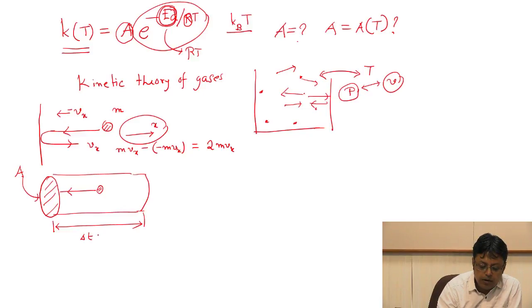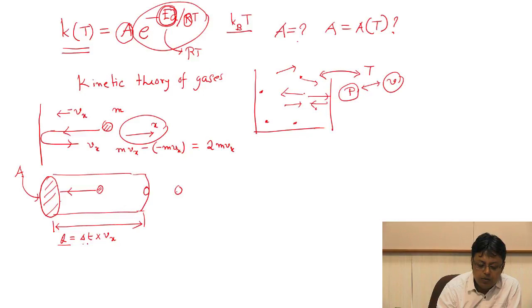That will be fixed by the time delta t multiplied by the velocity of the molecule, which is vx. That distance will be covered by any molecule lying within this linear distance, because any molecule lying outside will take a longer time to come and hit this wall.